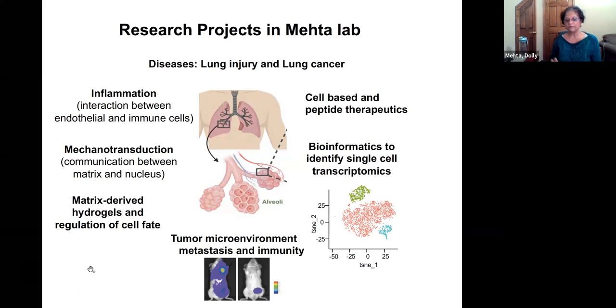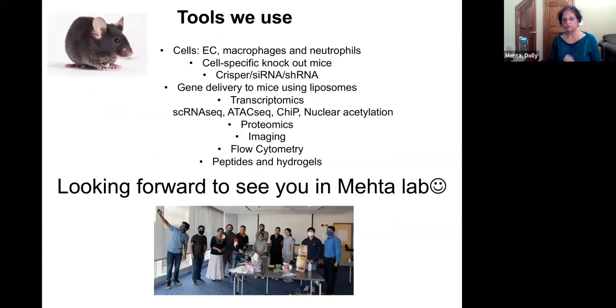So these are all the different kinds of projects going on in the lab. And these are the tools we use. We use a lot of cells, as I mentioned. These are immune cells, neutrophils, endothelial cell-specific knockouts, as Salman mentioned. The basic idea is that you need to delete a gene to understand its function, right? If you have a normal scenario, what happens when you take out the gene?